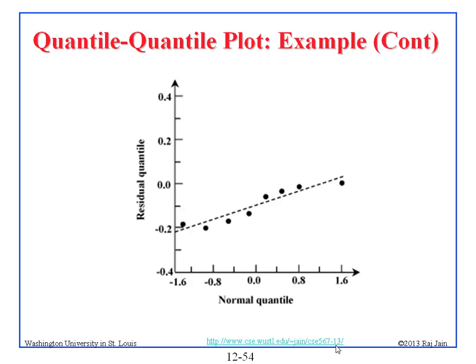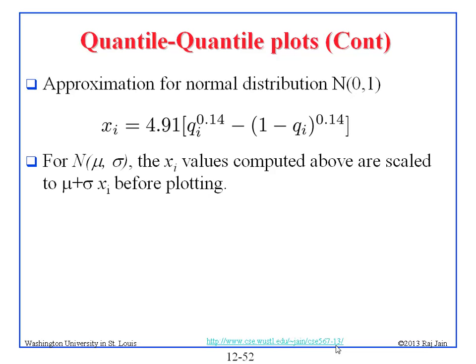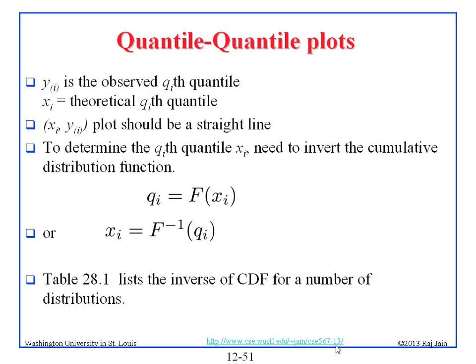Okay. Now, having given you the example, let me give you the theory back. The theory is that if you take the ith quantile, all that means is that qi equals F(xi).